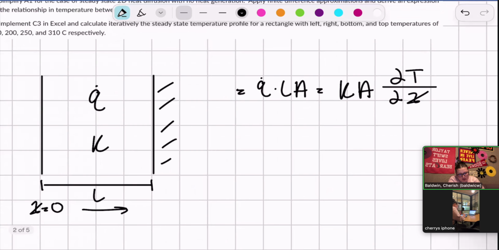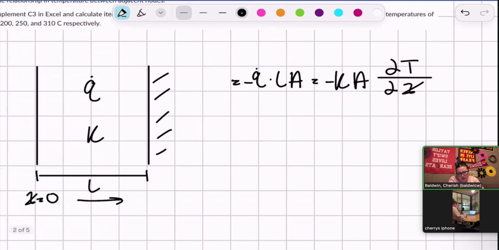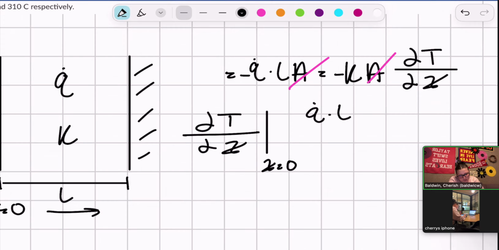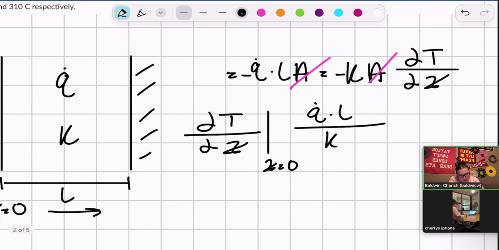And because the positive direction is going to the left, Fourier's law says that heat flows in the opposite direction, so this is negative. So then you can cancel out A. So the gradient is q times L over k.